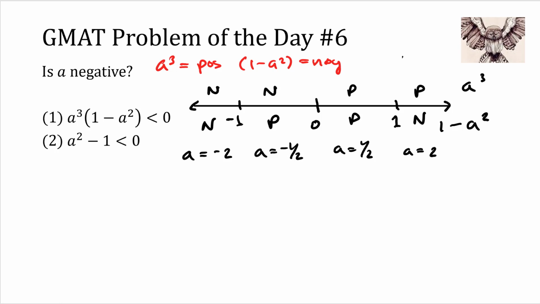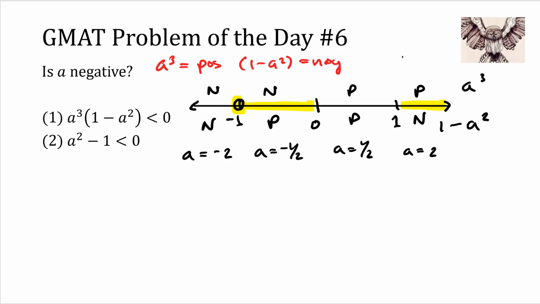We want the product to be negative. That happens here, negative times positive, and here. Let's throw in some open circles here. Oops, still highlighting. I have a real problem with that. I just can't turn off the highlighter.